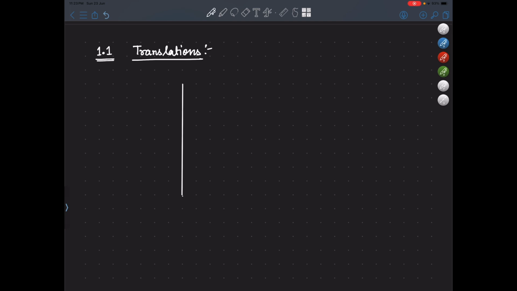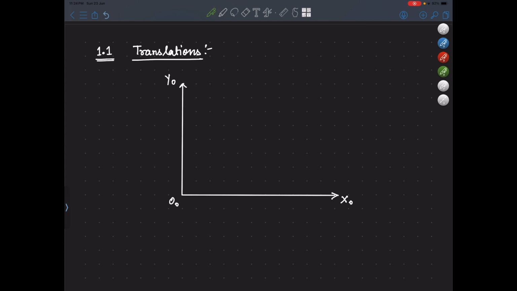fixed coordinate frame given by this white colored coordinate frame. Let's mark the origin as o naught, the x-axis as x naught, and the y-axis as y naught. And let there be a robot.